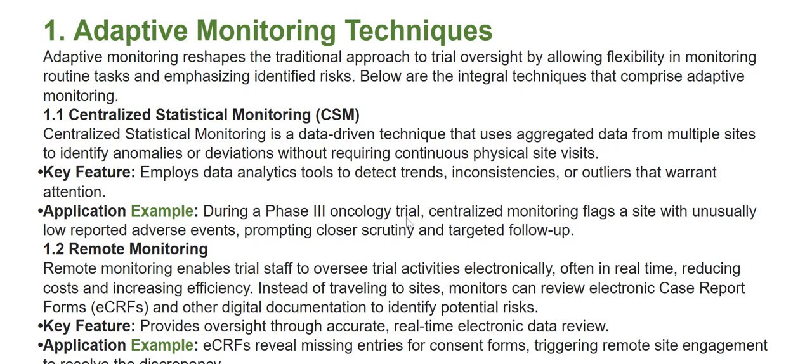Application, for example: during a phase 3 oncology trial, centralized monitoring flags a site with unusually low reported adverse events, prompting closer scrutiny and targeted follow-up. This is a simple example of how centralized statistical monitoring is used.